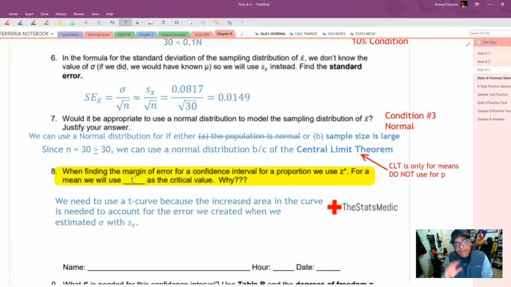So because of that extra error, we're going to have to use increased area. Basically, we're going to make the confidence interval bigger than it would be had we used the normal curve. The normal curve has a smaller confidence interval. The t-curve makes that confidence interval just a little bit bigger because of that estimation we did.